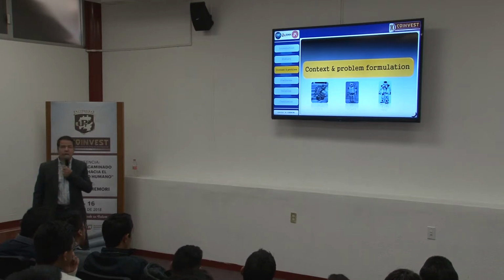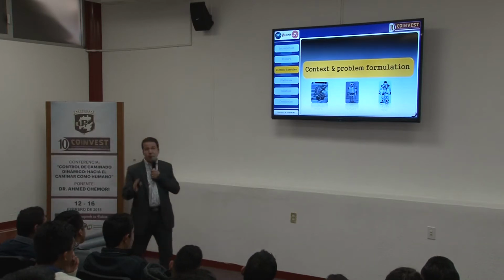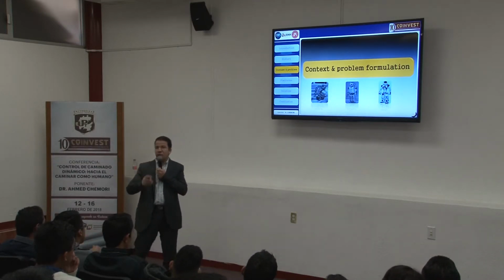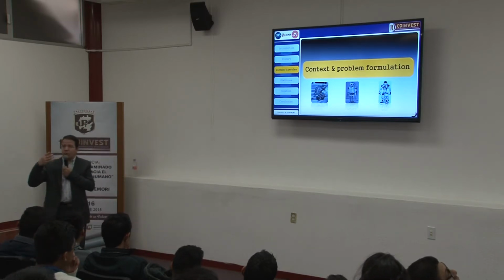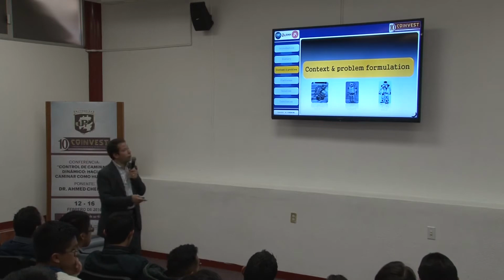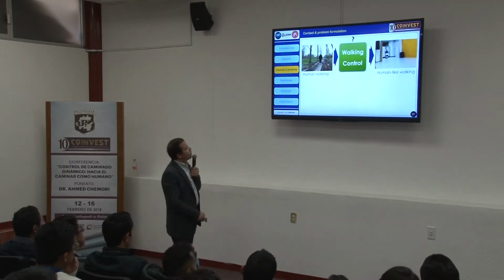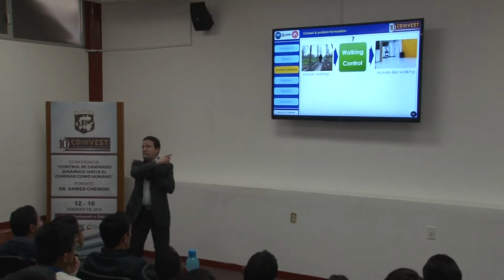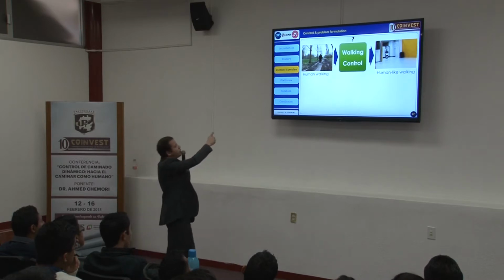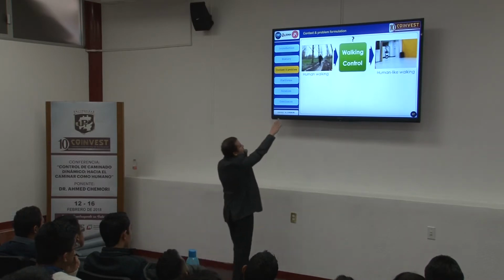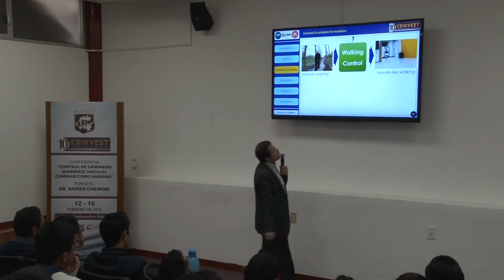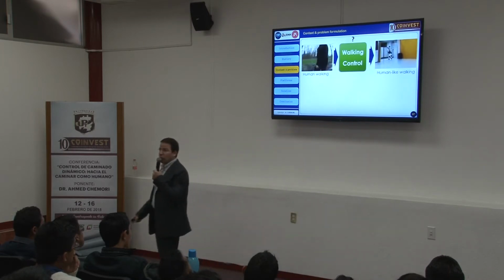Now let me introduce the context and the problem formulation concerning my research activities regarding this topic, and the idea is to reproduce human walking on a humanoid robot. So first of all, as you can see here, we have these two videos. The first video shows human walking, and the second video shows a humanoid walking.